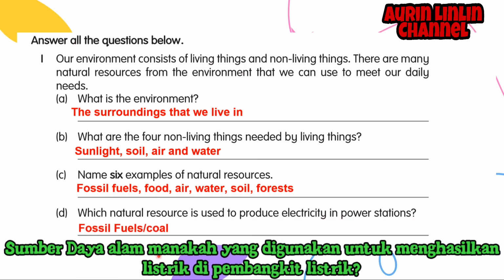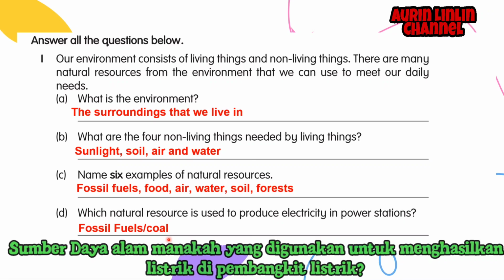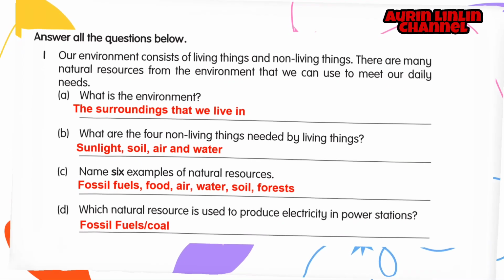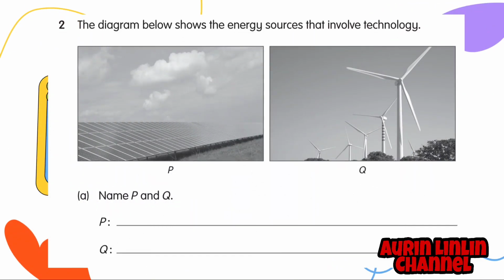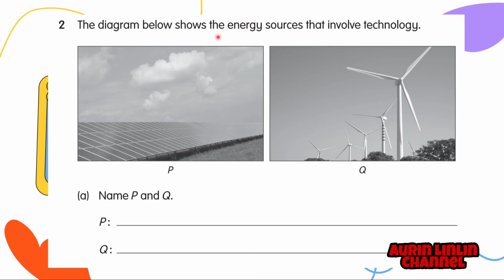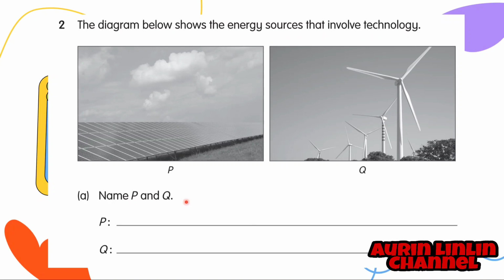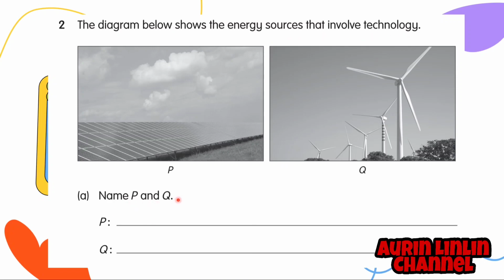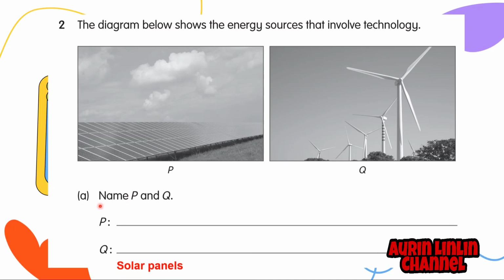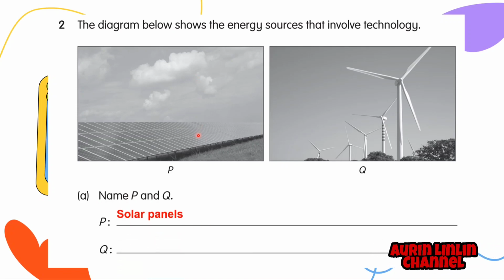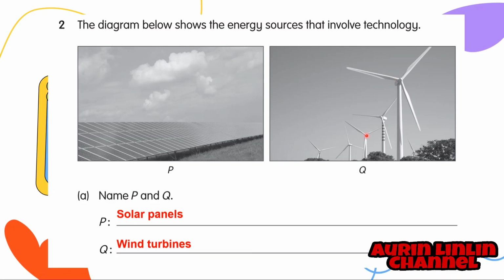And the answer is fossil fuel or coal. Next questions. The diagram below shows the energy sources that involve technology. Name P and Q. P is solar panels and Q is wind turbines.